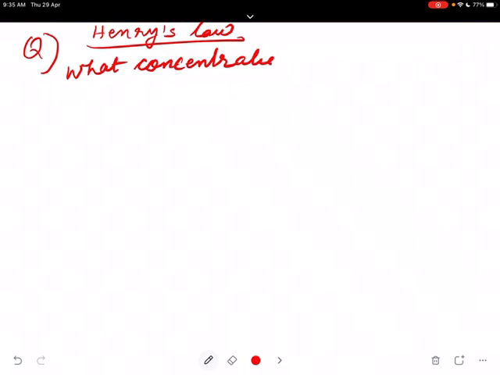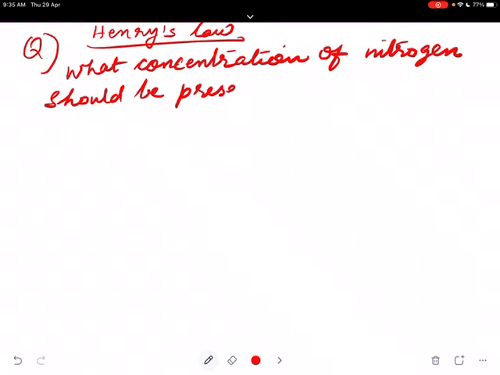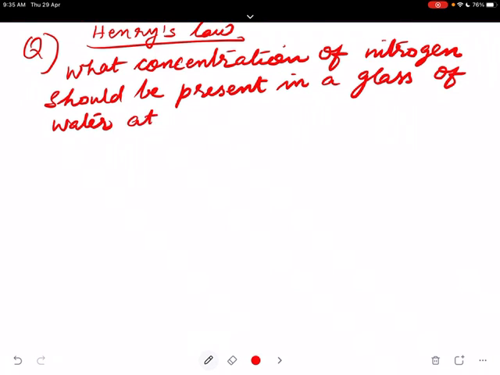Question. What concentration of nitrogen should be present in a glass of water at room temperature?